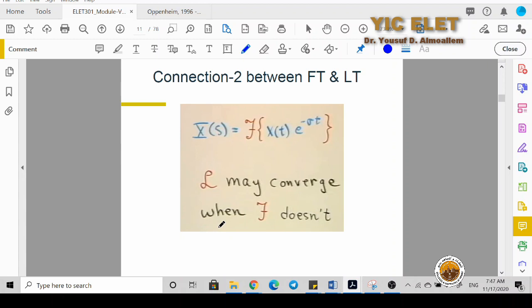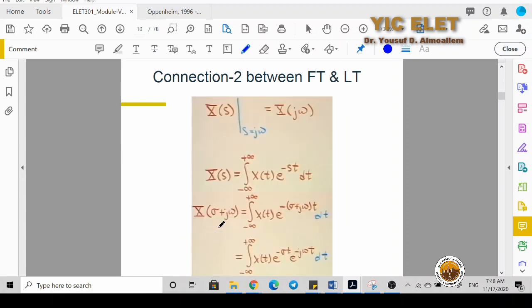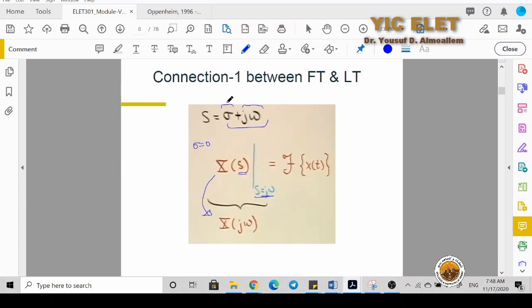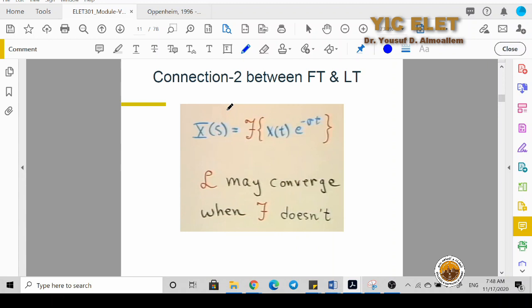This is another reason. Maybe it will give you some insights about why we need to generalize it from Fourier transform to a Laplace transform. Why do we need to generalize it by adding this component sigma as a real part? So if we look here, the x of s would be equal to the Fourier transform of x of t times this real component.